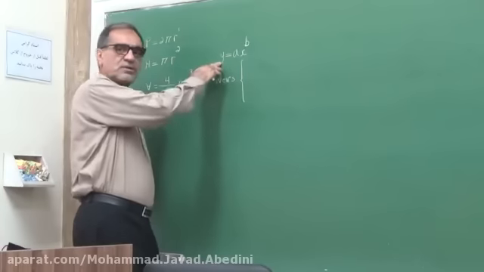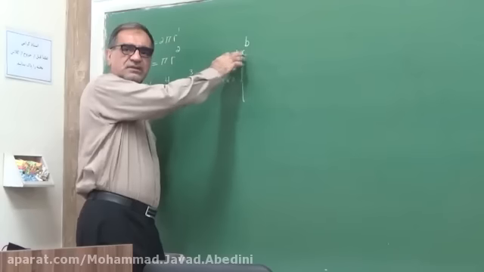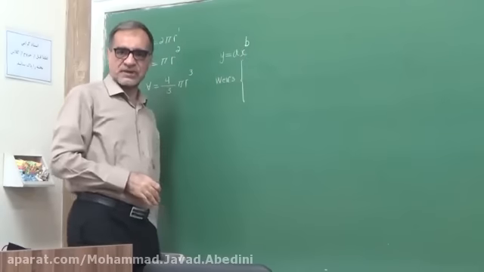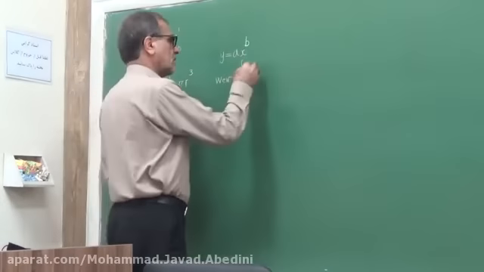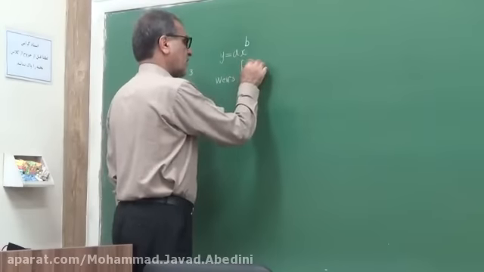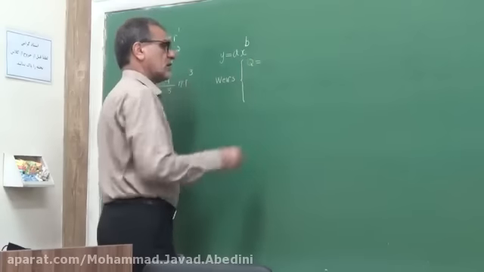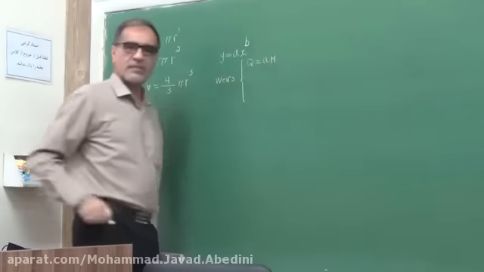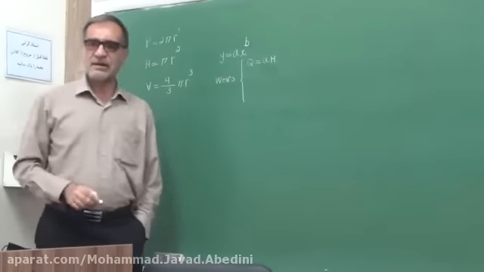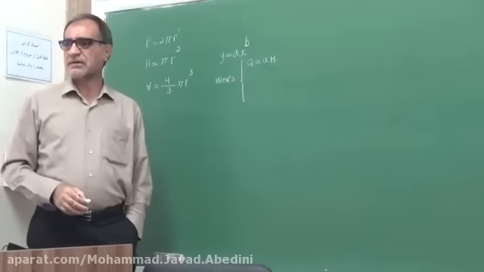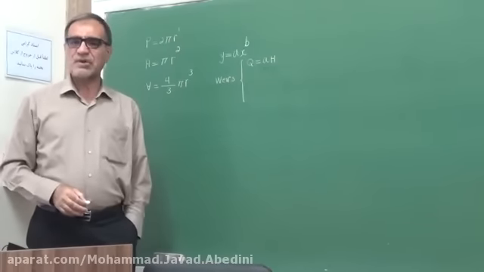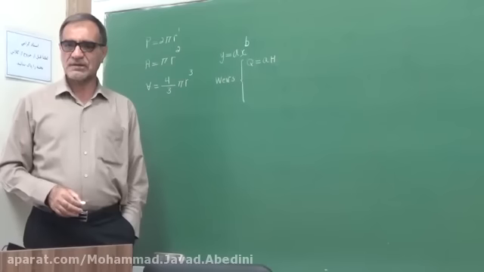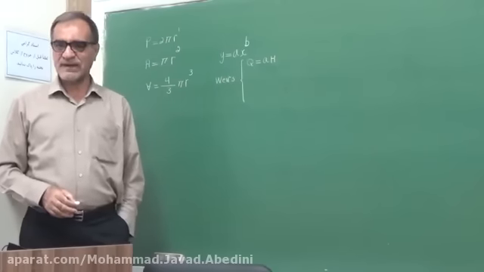Y is going to be your discharge, X is going to be the height on your weir. You could have this, where the power is 1. This weir is called Cipolletti weir, where the power is 1.